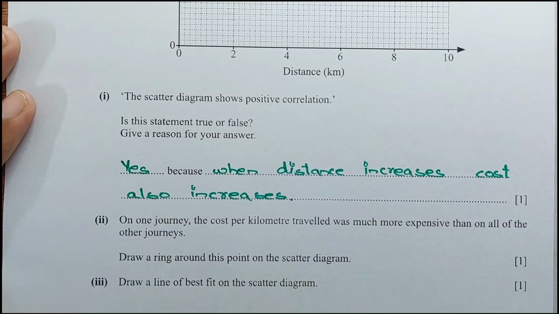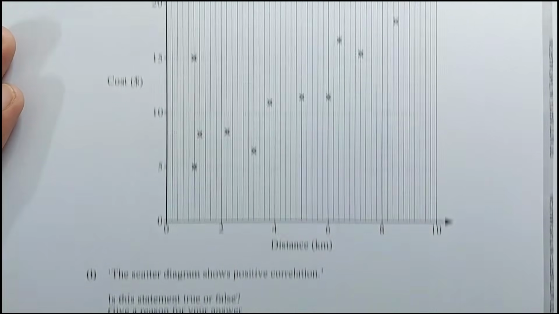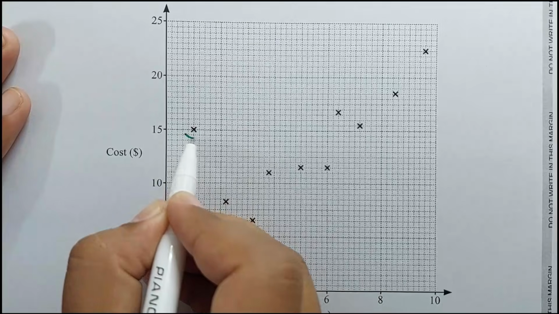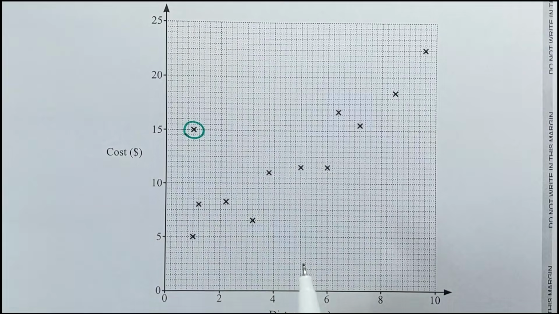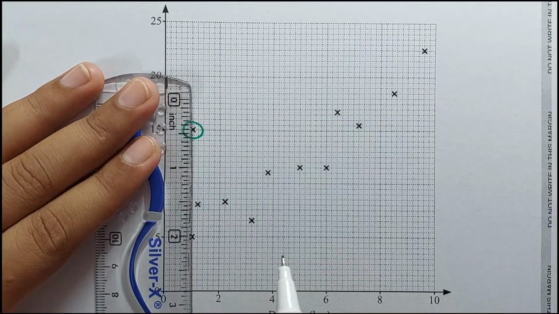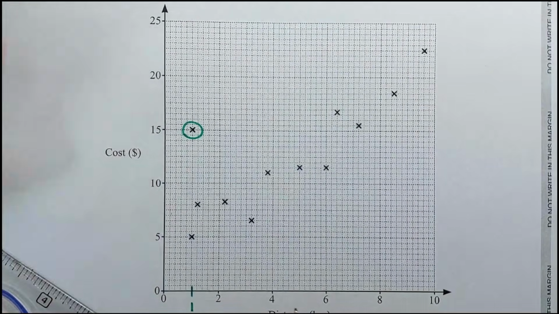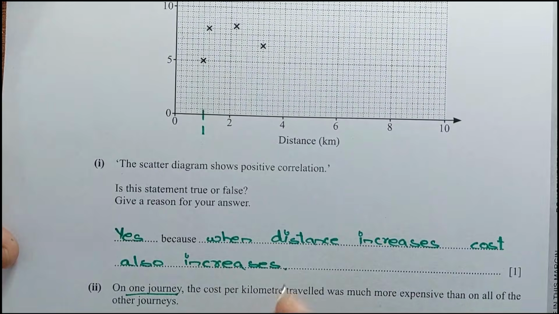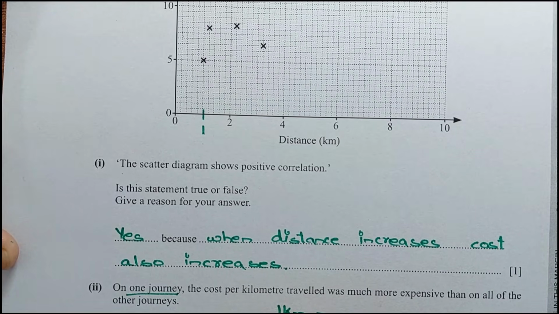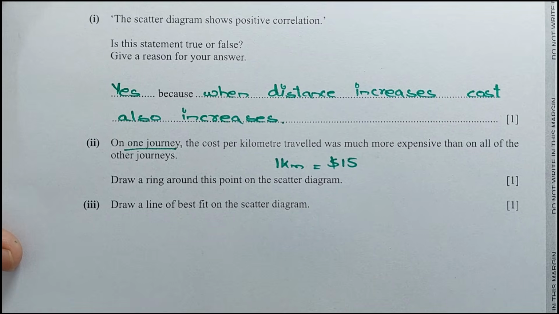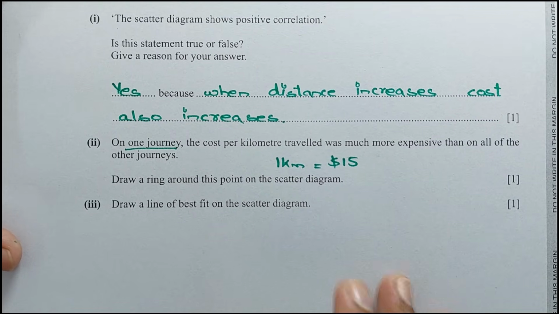As you can see, here the x is 1 and the cost is 15. So when they traveled 1 kilometer, the cost is $15. Number 3, draw a line of best fit on the scatter diagram.